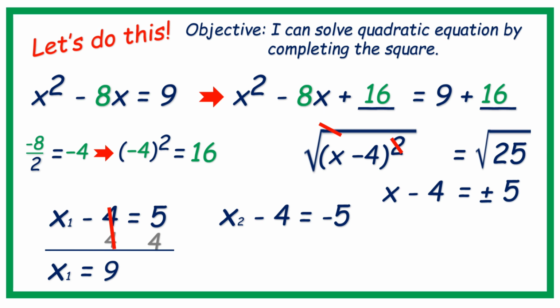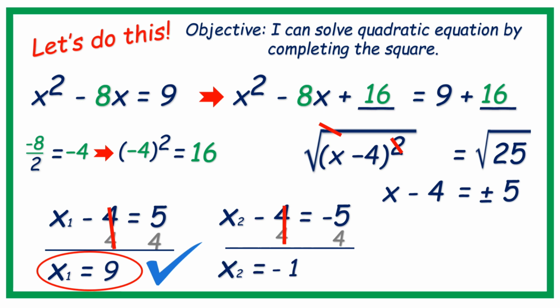Now let's go to x sub 2. We need to add 4 on both sides. That cancels negative 4, leaving our variable isolated. And our answer is negative 5 plus 4. The answer is negative 1. You got it. You just solved a quadratic equation by completing the square.